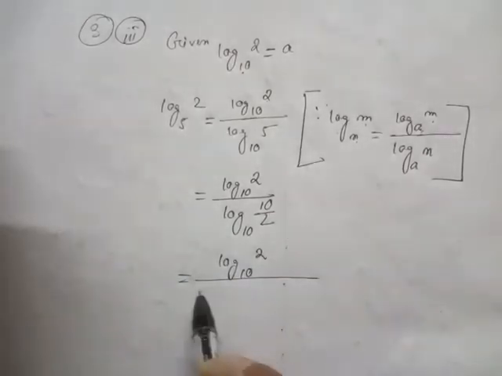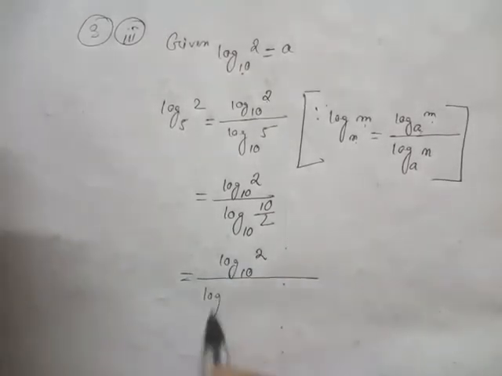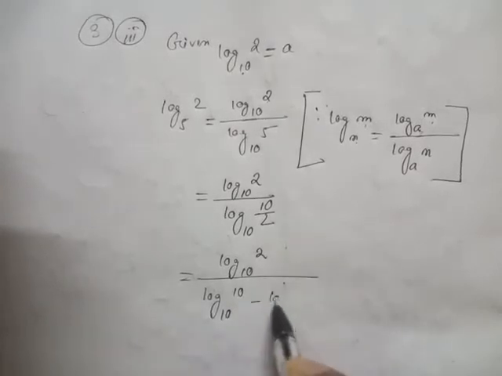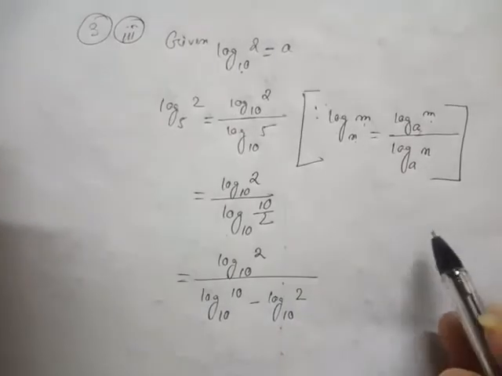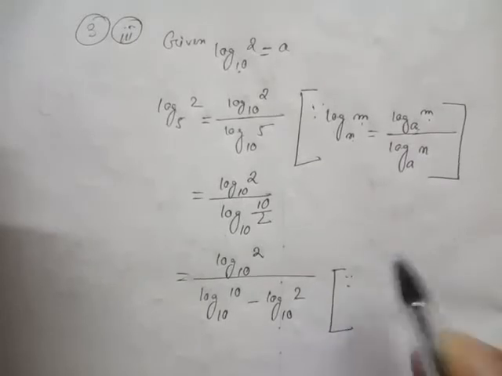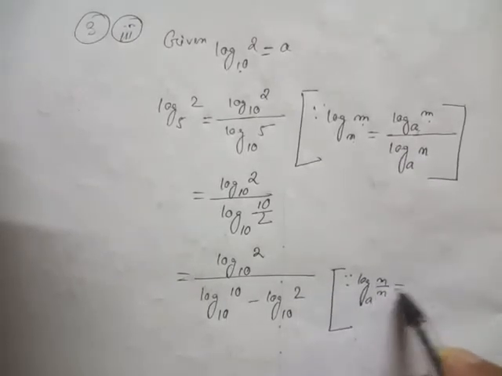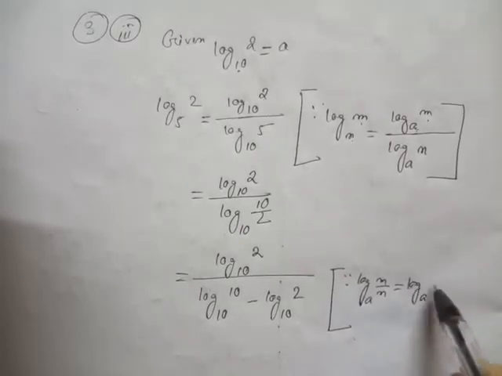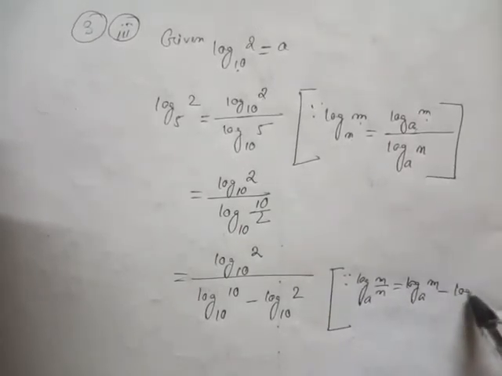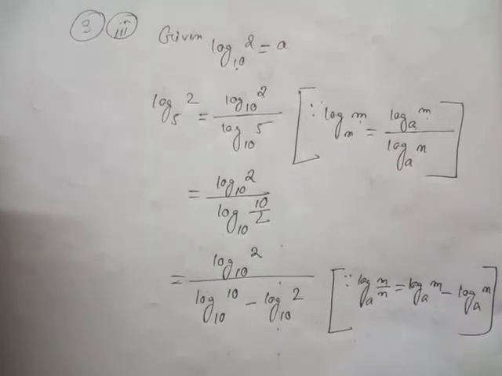Log m by n means log m minus log n. I am using the formula log base a of m by n equals log base a of m minus log base a of n.